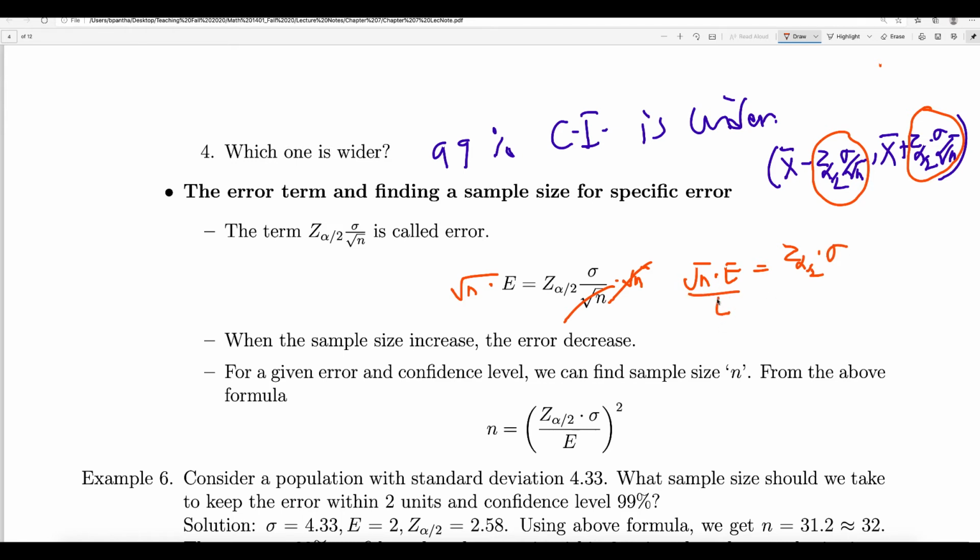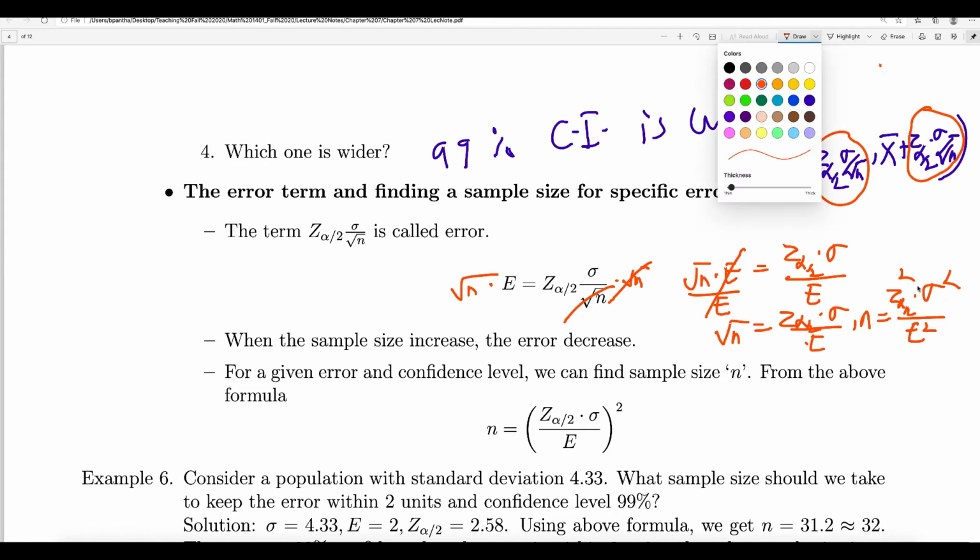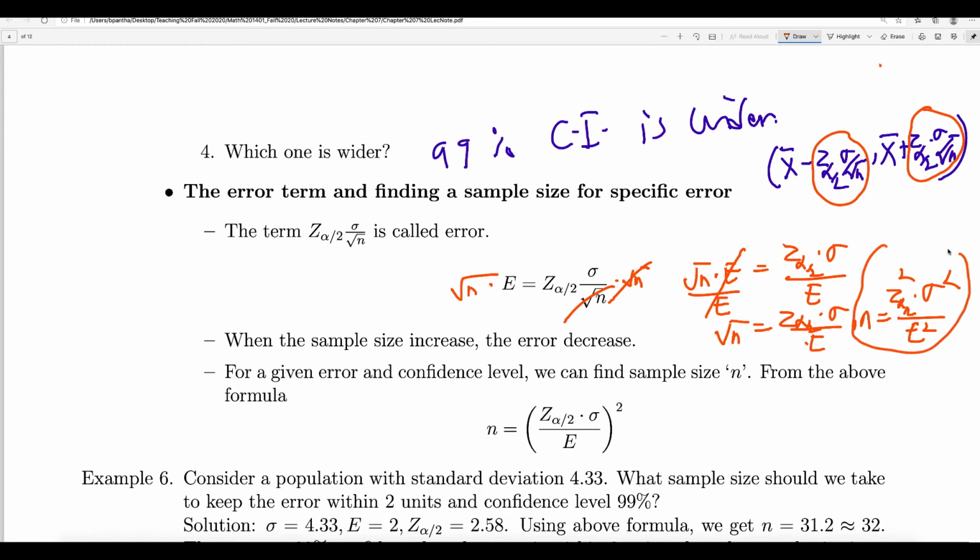Now divide by E, and the E cancels out. You get root n equals z alpha half times sigma over E. If you square both sides, you get n equals z alpha half squared times sigma squared over E squared. This is the formula to find the sample size. Sometimes the sample size will be asked, and you will have to use this formula to find it.